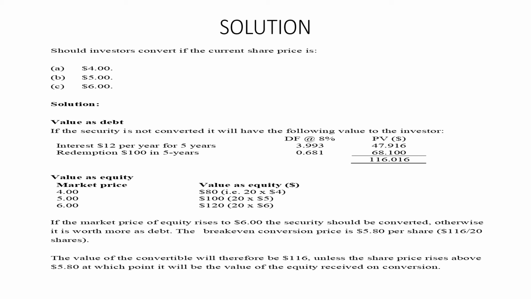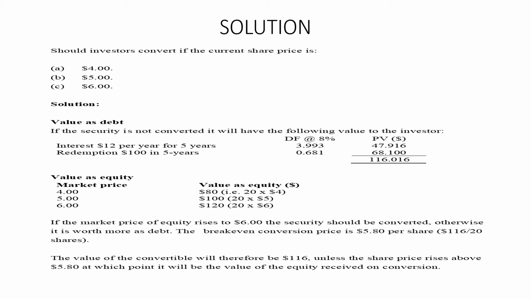So in this case we have to multiply the market value by 20, because one debt note is equal to 20 shares. If we multiply 4 by 20, we get $80. But this amount is lower than 116, so it's not profitable for an investor to convert the debt instrument into common stock.